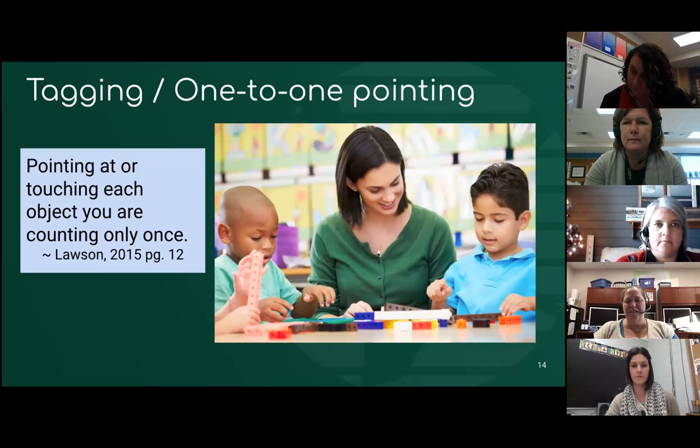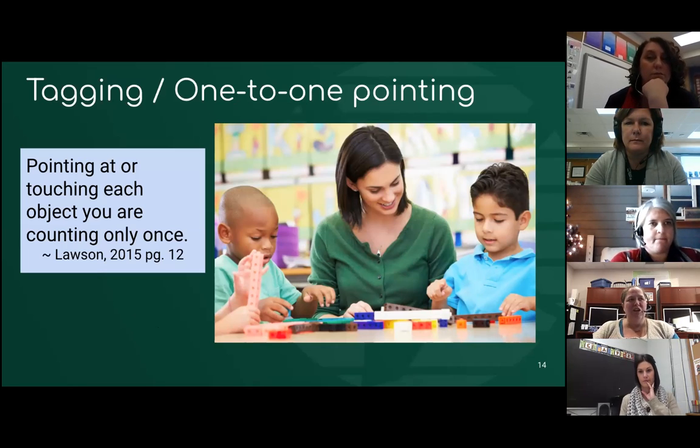Now this does get a little tricky with some students who are inclined to touch with their eyes only and not actually move their finger, but it would still be called tagging or one-to-one pointing. You can see their eyes moving from one object to the next object.